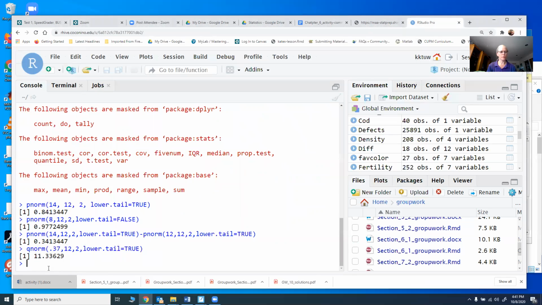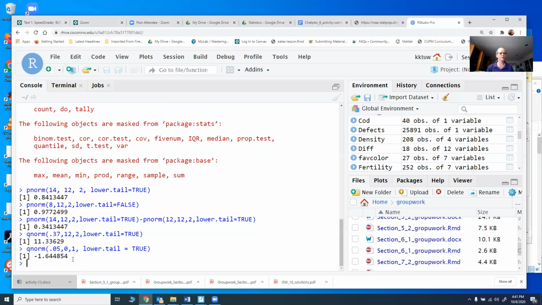So I'm going to go back to my qnorm. Don't ask me why it's called q, I don't know why they picked q, but I'm going to put in 0.05. My center is 0. My standard deviation is 1. And again, my lower.tail equals true because we're looking for that part there. And there's my value.